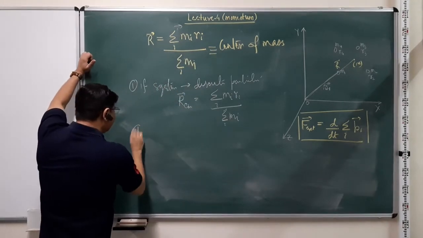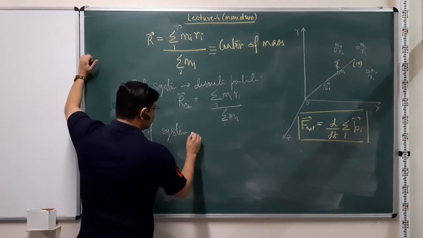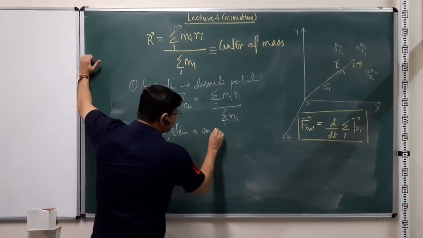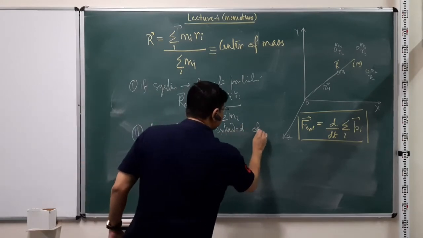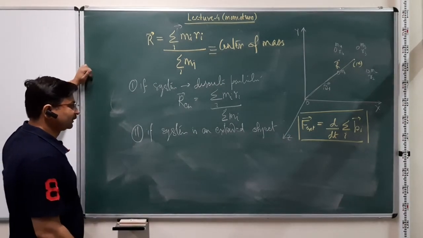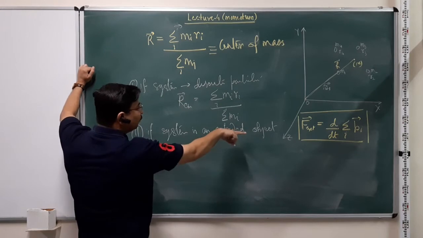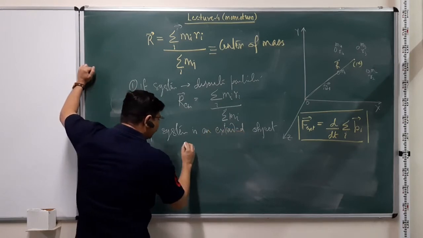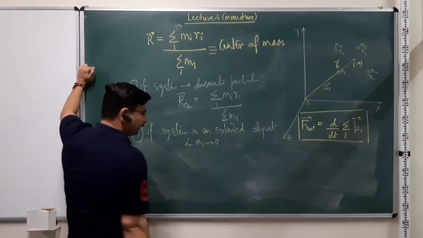However, if the system under consideration is an extended object, such as a rigid body, which we are going to discuss later, then what do we mean by extended object? What we mean is that limit mi tends to 0.